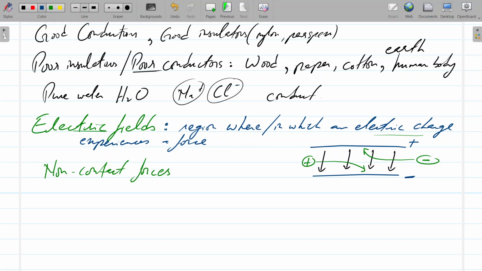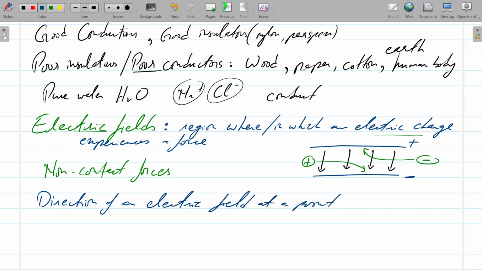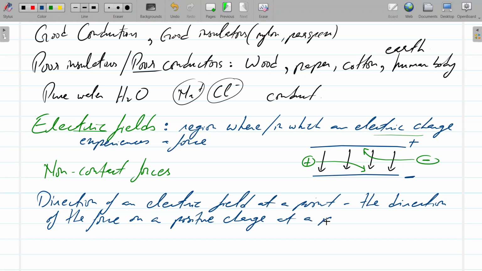So when I draw the lines from the positive and negative, the direction of an electric field is the direction of the force on a positive charge at a point.